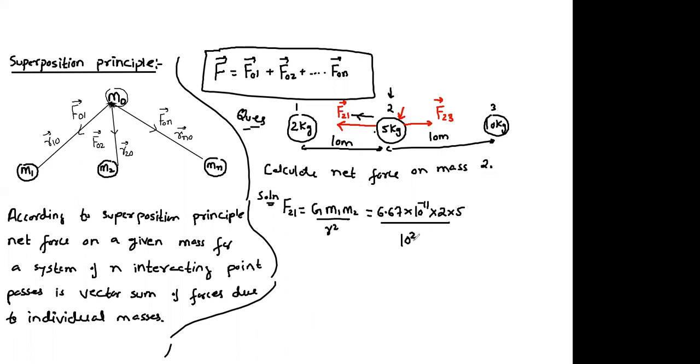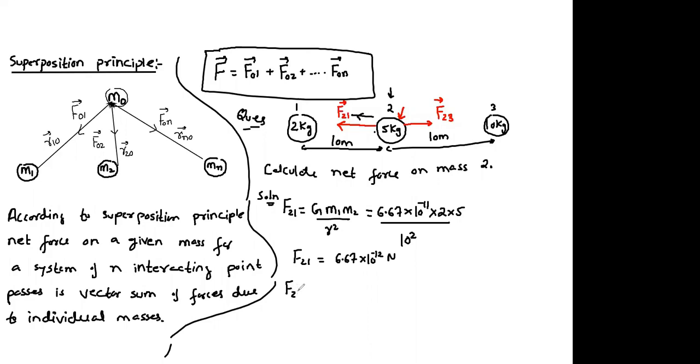This 10 will cancel one square, leaving 10 to the power minus 12. So the magnitude of F21 is 6.67 into 10 raised to the power minus 12.